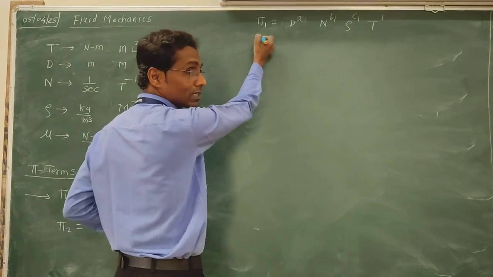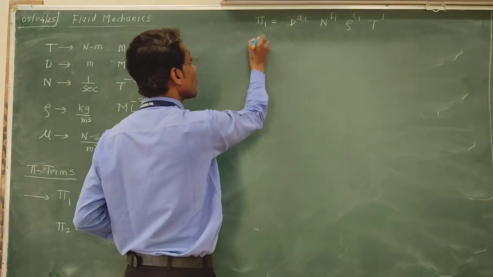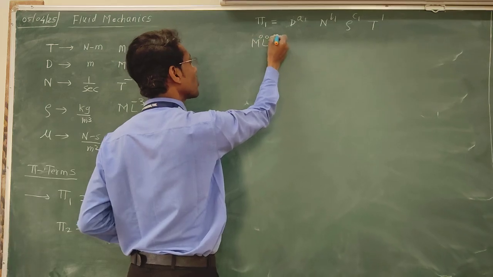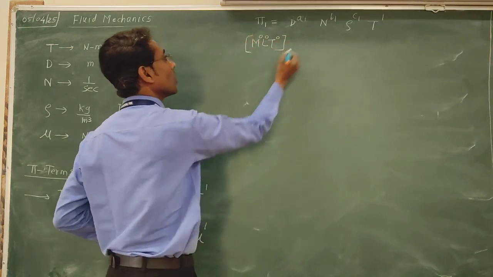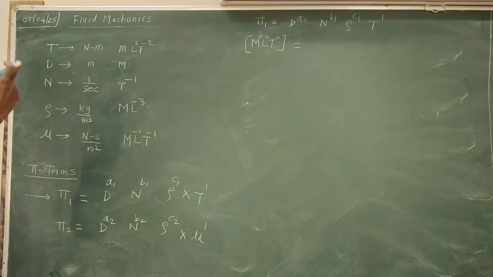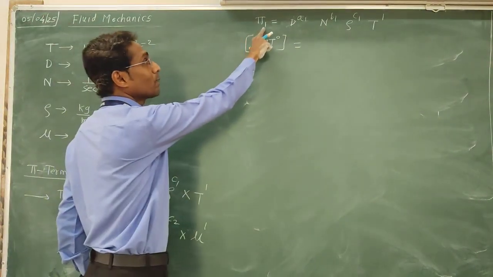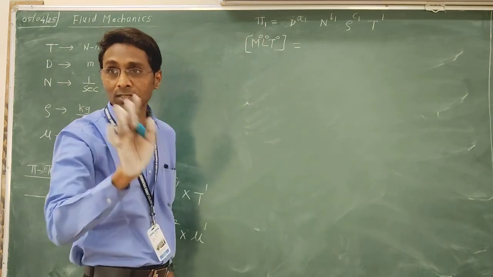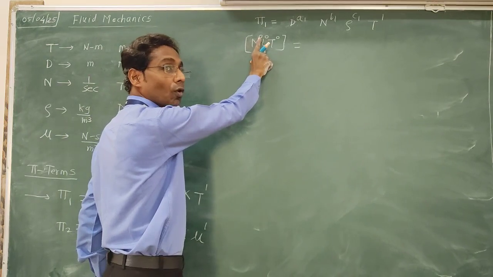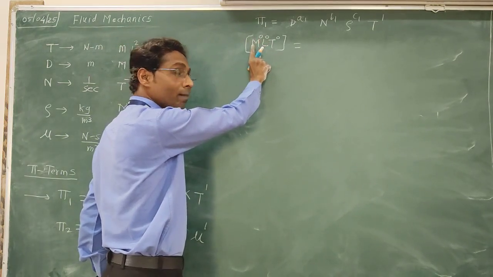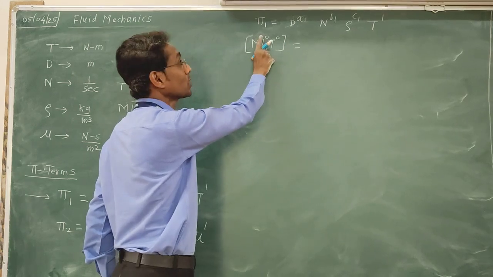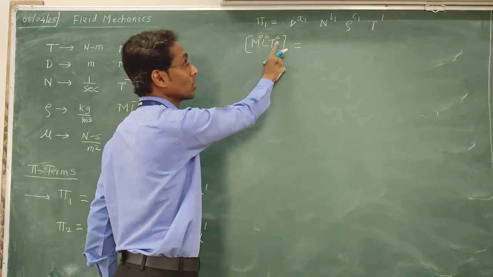On the left side, pi 1 is M raised to 0, L raised to 0, T raised to 0, because we have to now solve. The method is like this. Pi 1 is dimensionless, it has no dimension, that is why the exponent is 0. No dimension of M, L, T means M raised to 0, L raised to 0, T raised to 0.